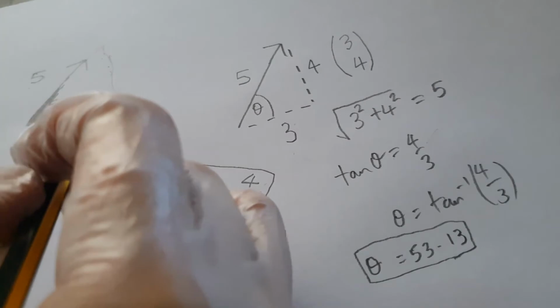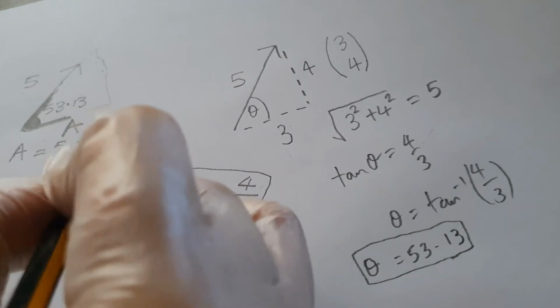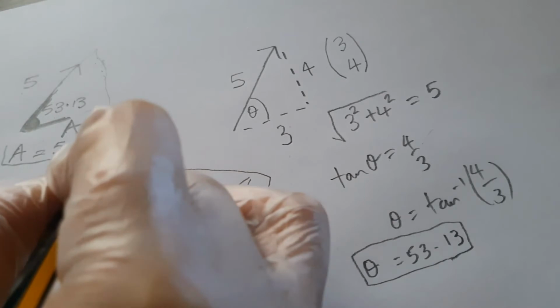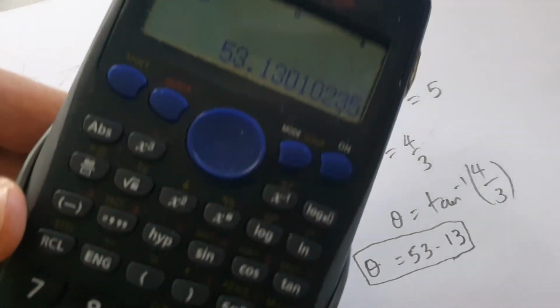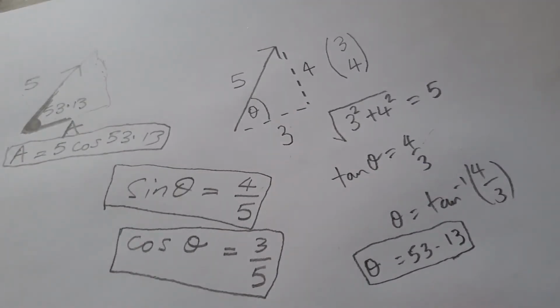So A is equal to 5 cos 53.13. And cos of 53.13, so here we have 53.13, right?